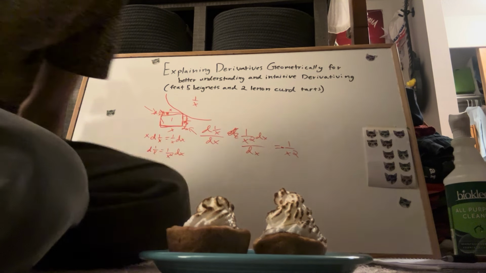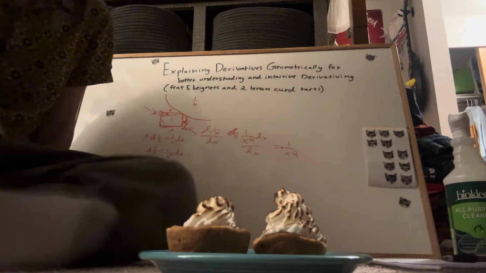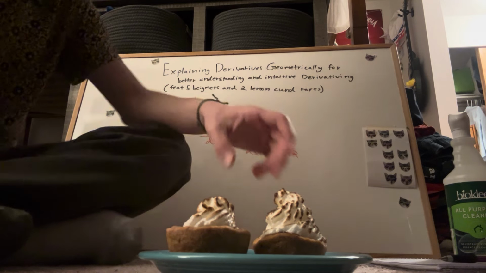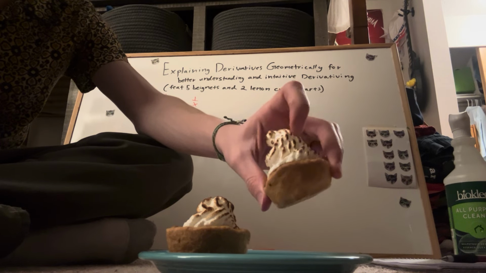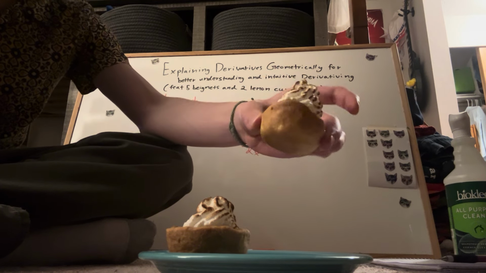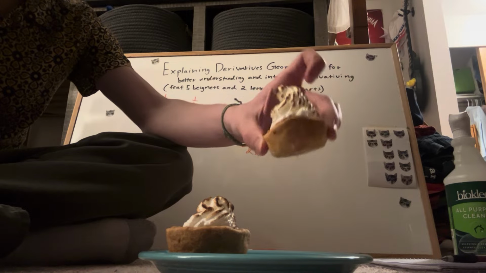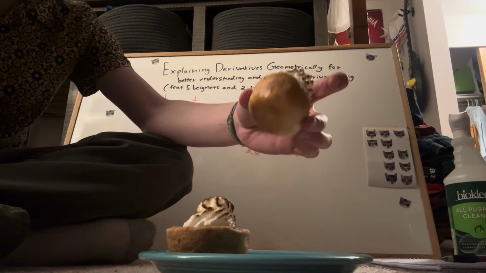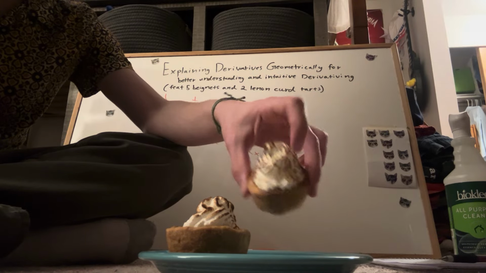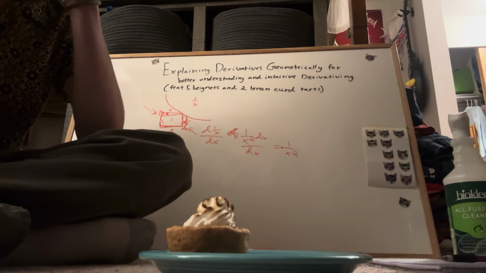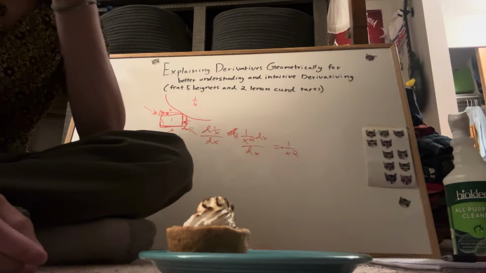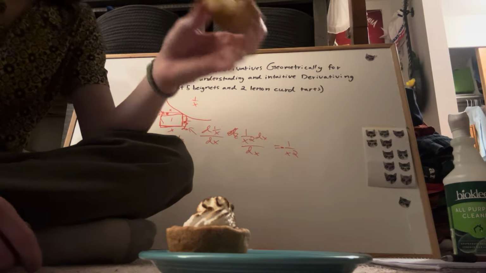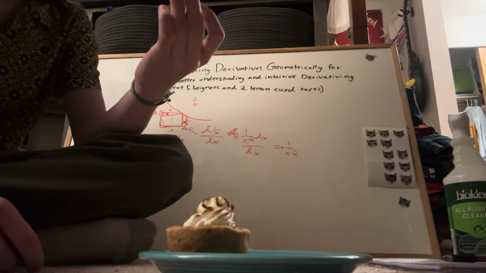This is my favorite part. I have these lemon curd tarts that I made from scratch. So it's lemon curd in a homemade pie crust with meringue toasted on top. Whoa.